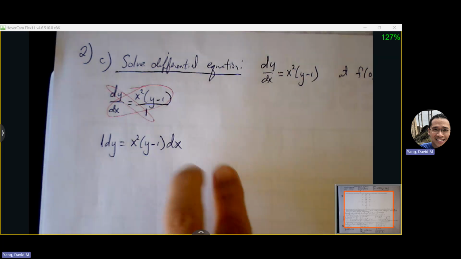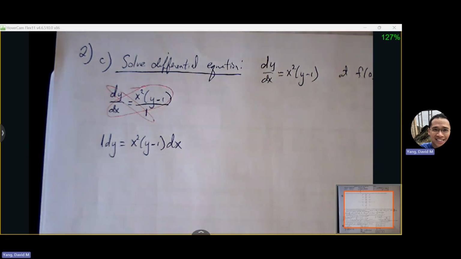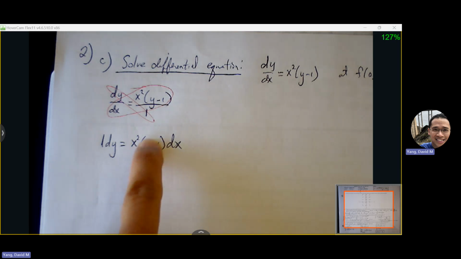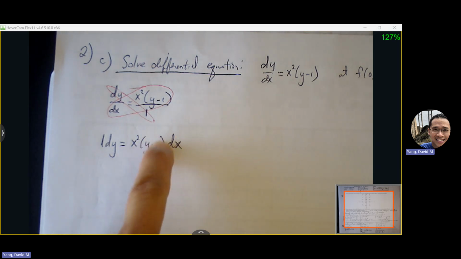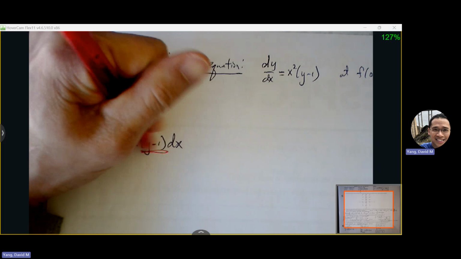Right, once you cross multiply, you have your dy and dx lined up nicely. But there's one thing. What do you see? What's out of place? If we want to move the y, we also have to move along with it the whole set of parentheses. So this is all grouped together here. If I want to move the y, the -1 has to come along with it. So we divide that over. It's going to end up in the denominator.